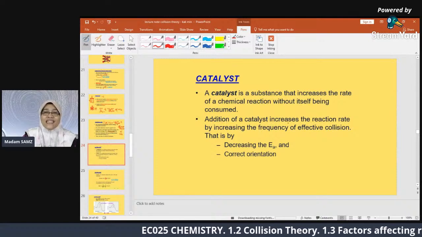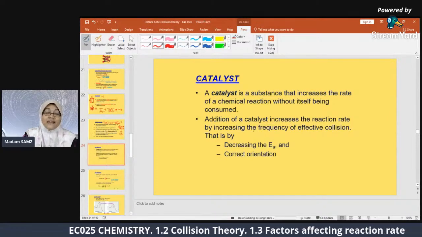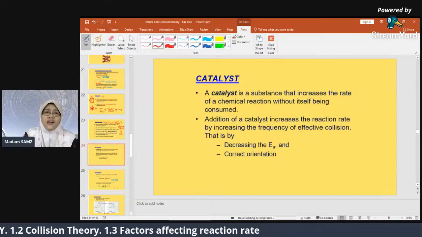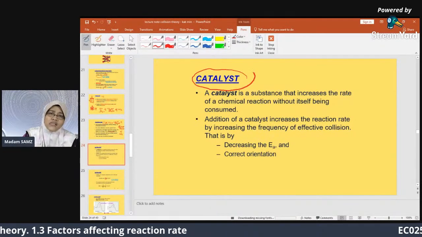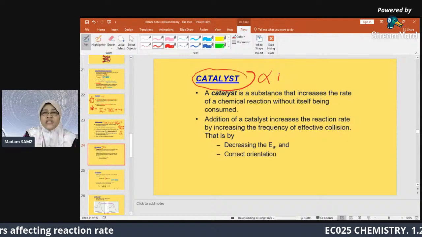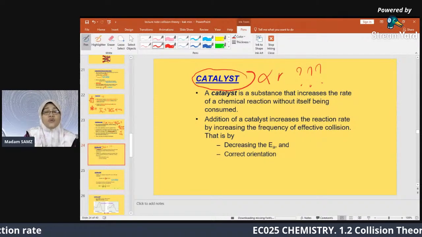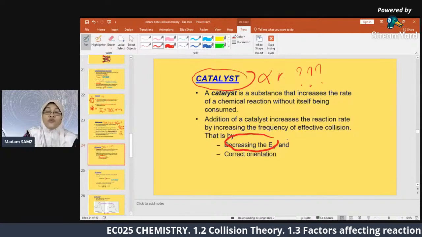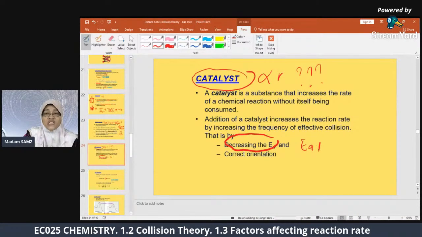Addition of a catalyst increases the rate of reaction by increasing the frequency of effective collisions. Here, the function of a catalyst is to increase the rate of reaction. How does it increase it? The first function of a catalyst is that it decreases your activation energy.